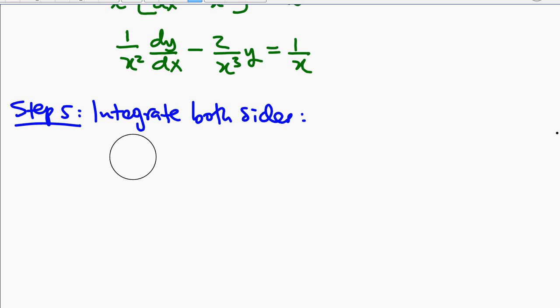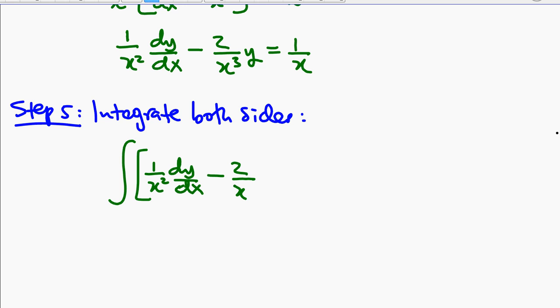So integrate 1 over x squared dy/dx minus 2 over x cubed y with respect to x, and that will be equal to the integral of 1 over x with respect to x.